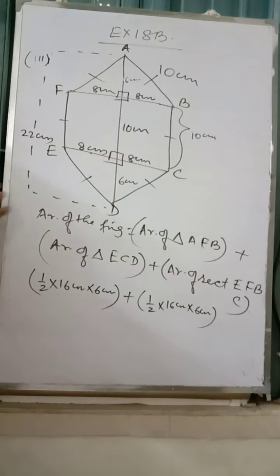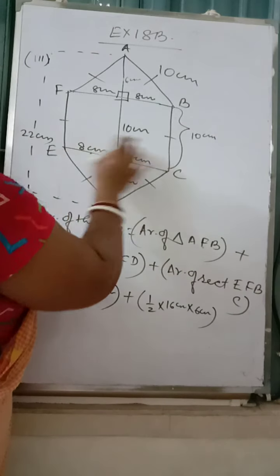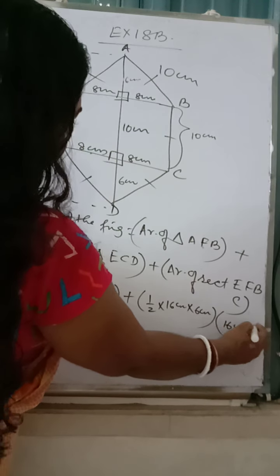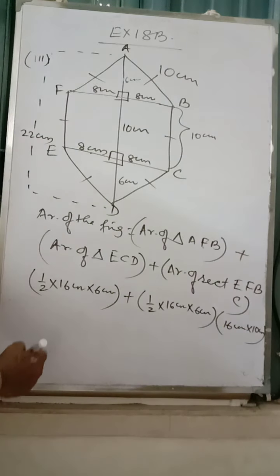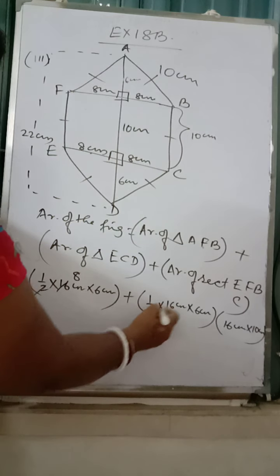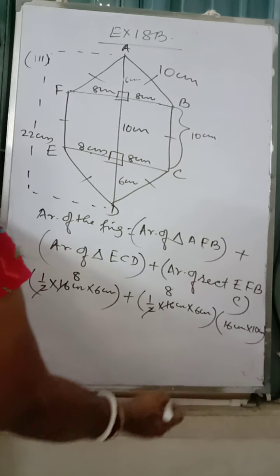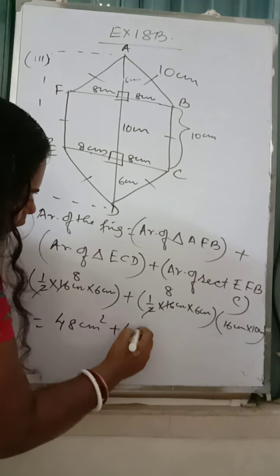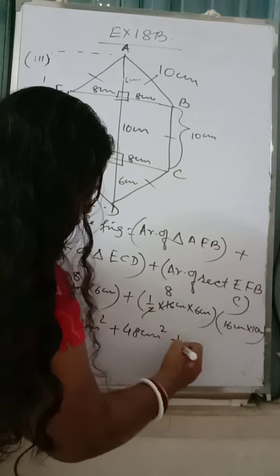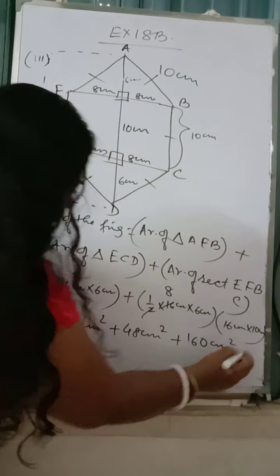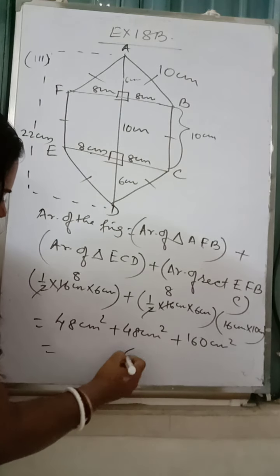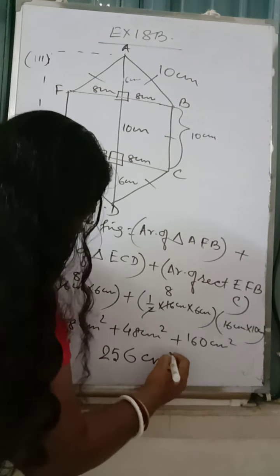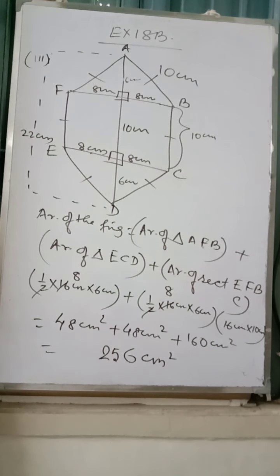Then what is the area of the rectangle? L into B. So 16 centimeter into 10 centimeter. Now see what it gives you. 48 centimeter square plus 48 centimeter square plus 160 centimeter square. 256 centimeter square would be the area of the total figure.